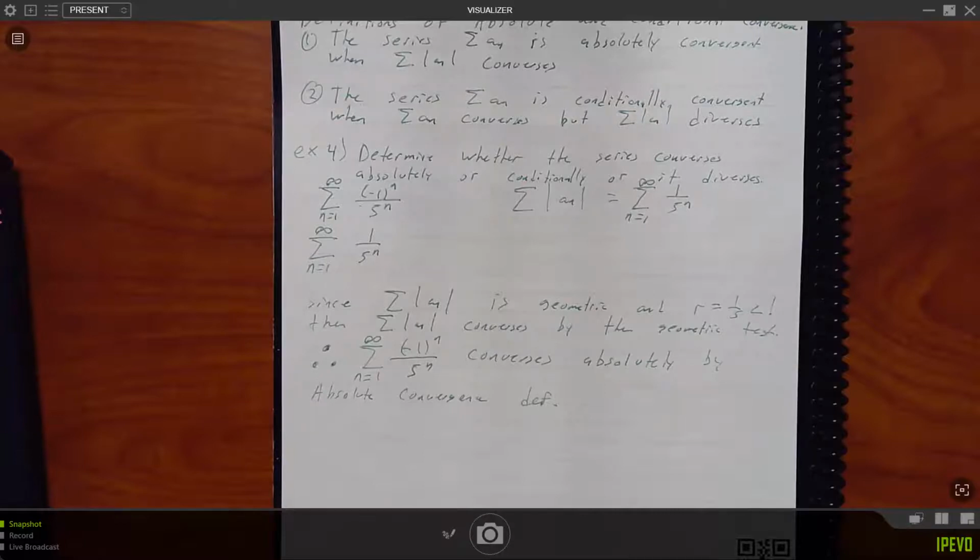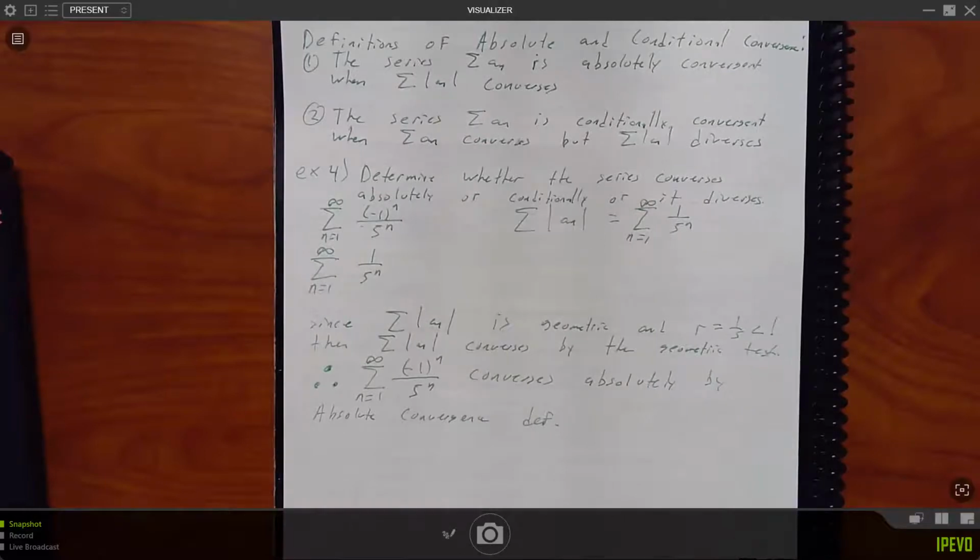But let's do one that is not absolutely convergent. You guys cool on this page?